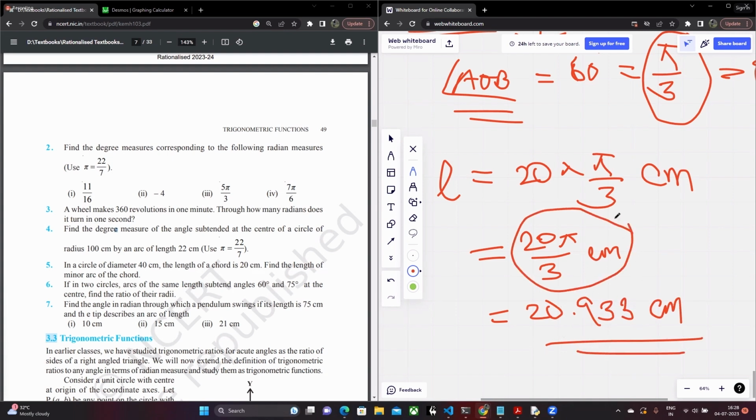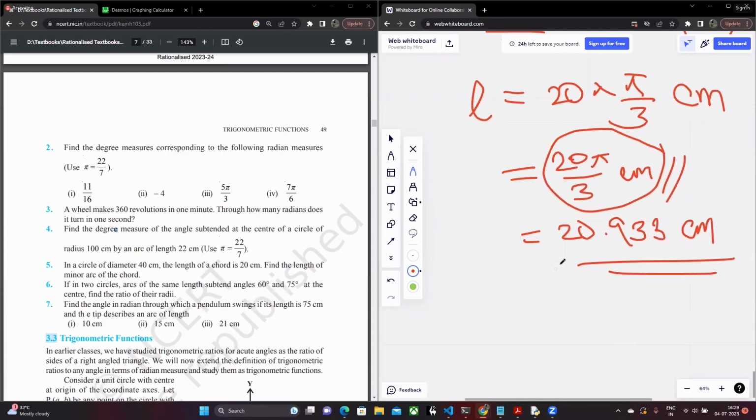But this form is also okay, pretty okay. There's not much of a big deal. Over here, I've used the fact that pi is 3.14 instead of pi is 22 by 7. So I have got this. If you use pi is 22 by 7, you'll be off by a little bit from this amount. If you use a more precise version of pi, you're going to be off from this amount by a further margin, of course.